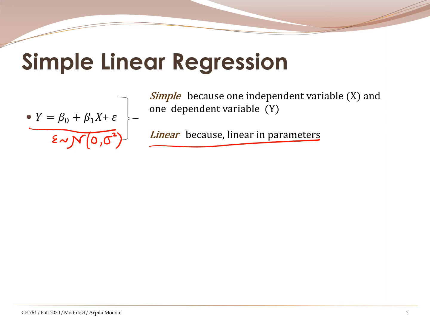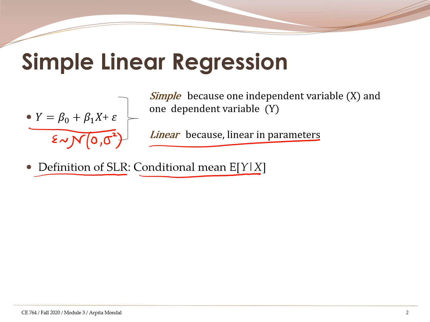Recall, what is the formal definition of regression? Regression is nothing but the conditional expectation. So the definition of simple linear regression is the conditional expectation, the expected value of y given x, which we have also denoted by mu of y given x.